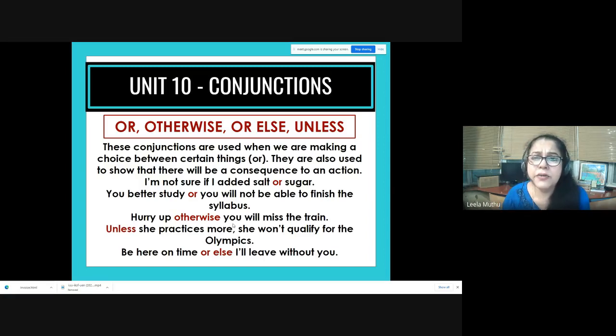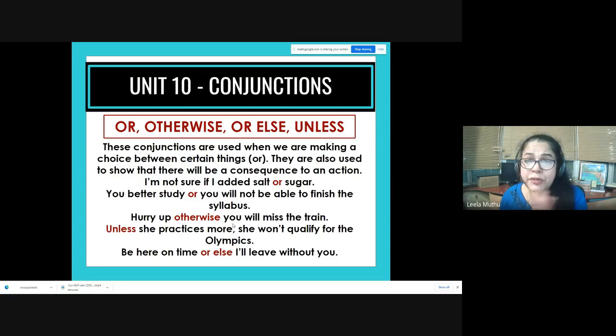So, to get the result, the action which is not done, the result of which is not very good in this particular situation, you can use "unless", and usually "unless" is found at the beginning of sentences. You can also find it in the middle of sentences. But in this case, we have said, unless she practices more, she won't qualify for the Olympics.